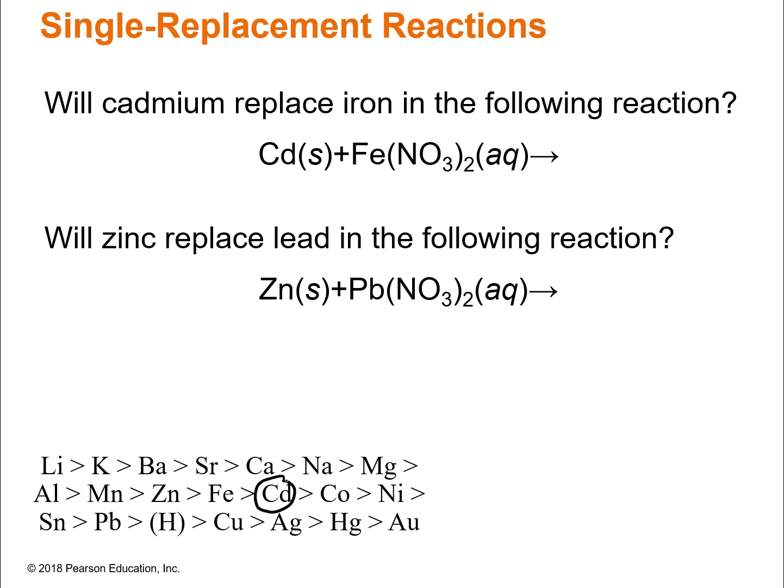I've got cadmium. I've got iron. In order for replacement to happen, the cadmium has to be more active, so it has to come first. Is cadmium more active than iron? Yes or no? No, it's not. Iron comes first.